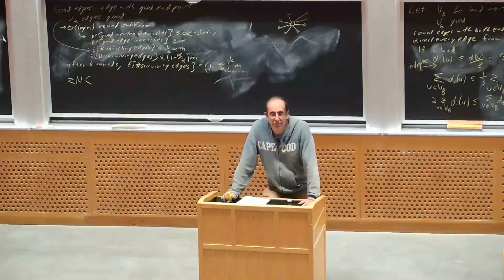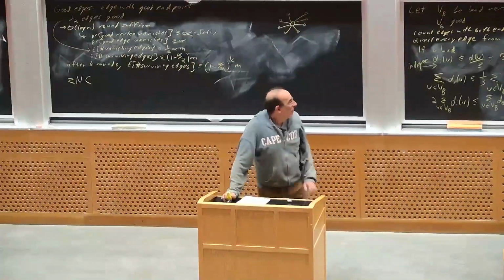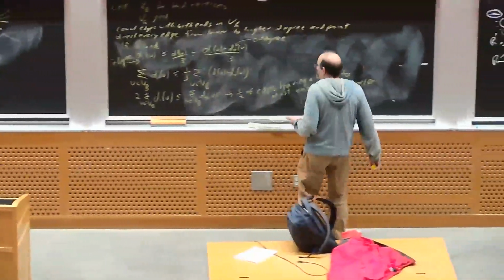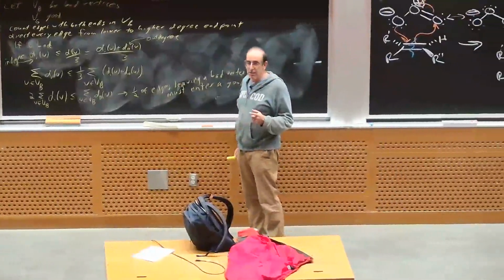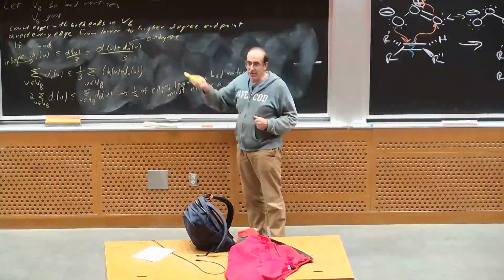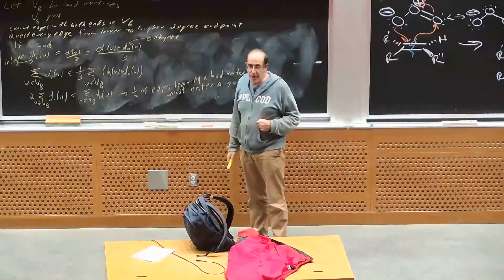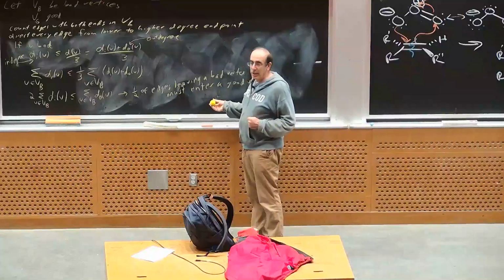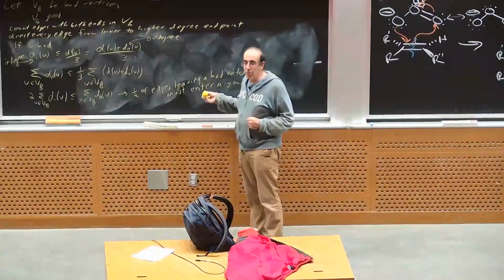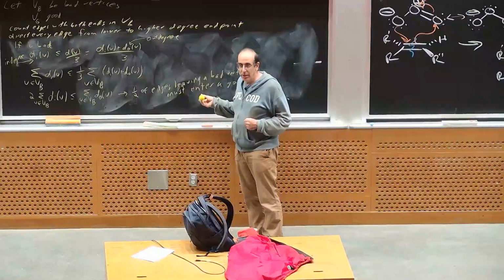Yes? Can you repeat the final argument, after the last statement on the board, about how you bound these? I'm not bounding bad vertices, I'm bounding edges. This has nothing about how many bad vertices there are. We saw, in fact, in the star that almost all the vertices might be bad. This is only bounding bad edges, which are edges that have both endpoints bad.